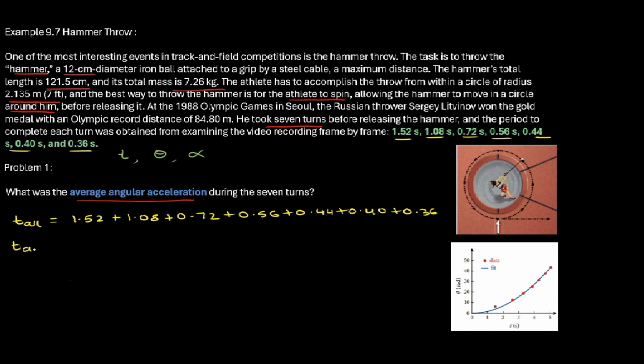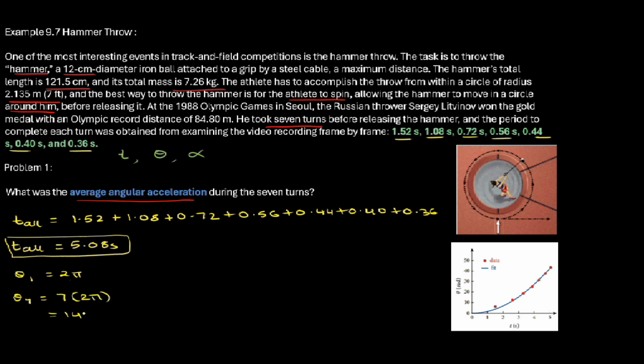And when you add all the time values, you get the total time to be equal to 5.08 seconds. After I have the total time, I need to find what is the total angle theta. We know that theta for 1 turn is equivalent to 2 pi. So if I want to find theta for 7 turns, I will just multiply this 2 pi with 7.